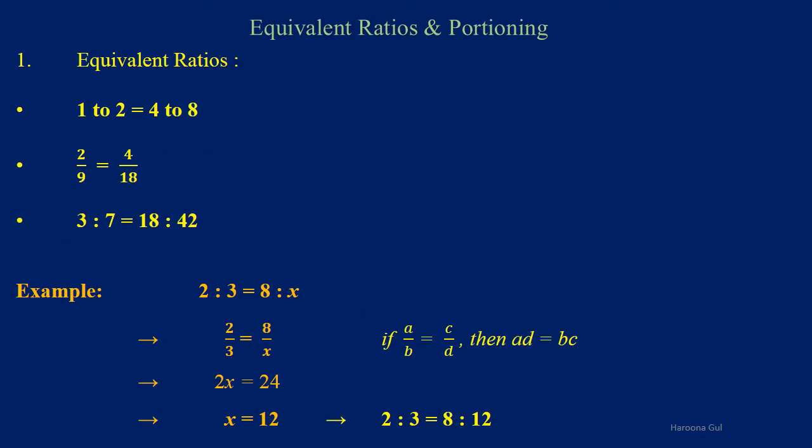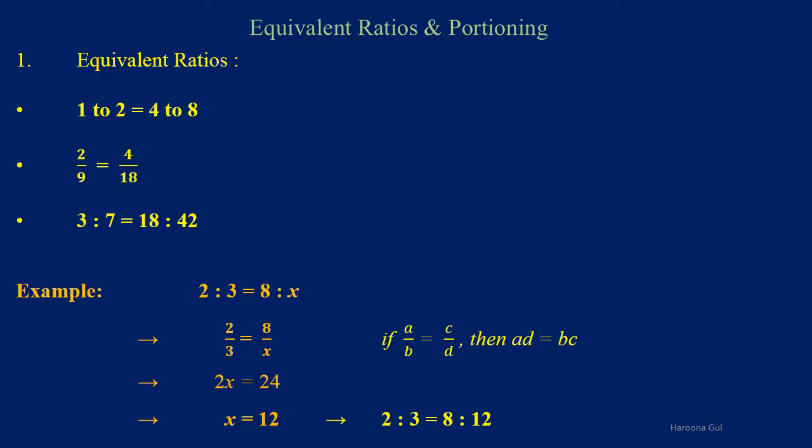Equivalent ratios are created by multiplying or dividing 2 or more terms by the same value. For example, the ratio 1 to 2 is equal to 4 to 8, because if 1 to 2 is multiplied by 4, we get 4 to 8.